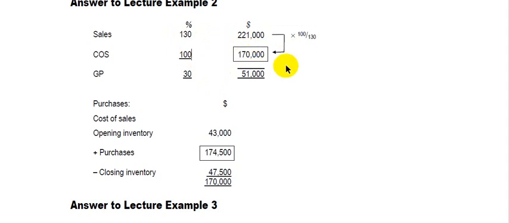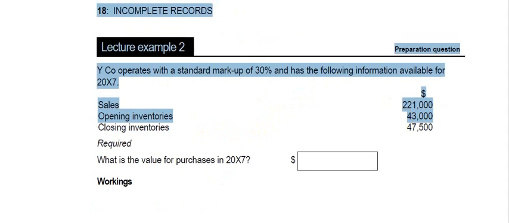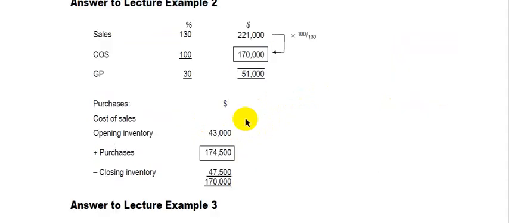Okay. Then when you get the cost of sales of 170, that's when you substitute in the cost of sales formula. The question has given us opening inventory of 43,000.